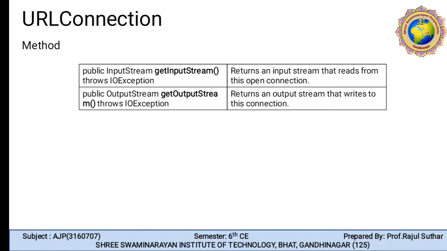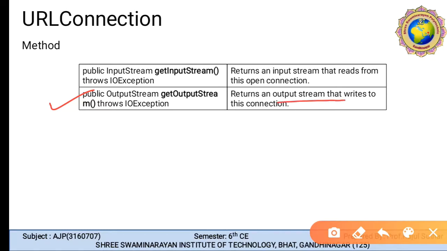The second method is for writing: public OutputStream getOutputStream() throws IOException. It returns the output stream that writes to this connection. If we read from the connection, we require the getInputStream method, and if we write to the connection, we require the getOutputStream method.